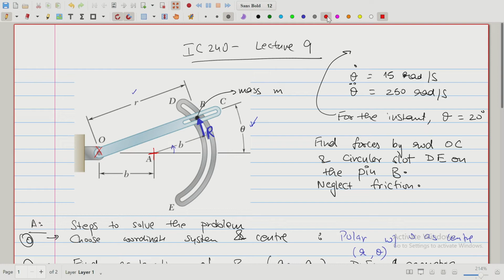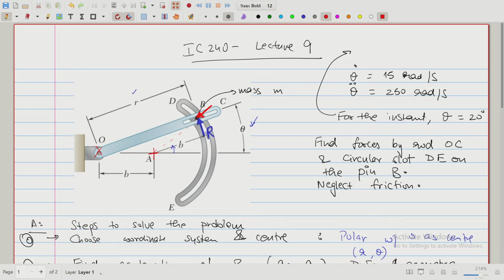So the slight movement of the pin can also result in the channel applying a force. Is this the force because of the channel?